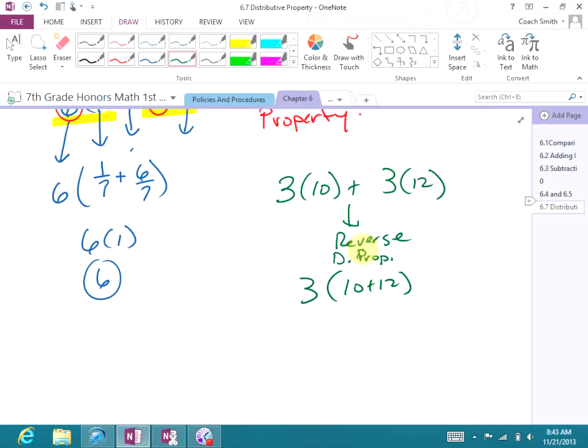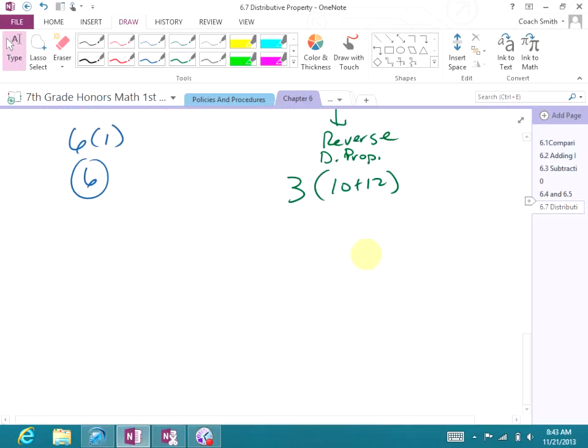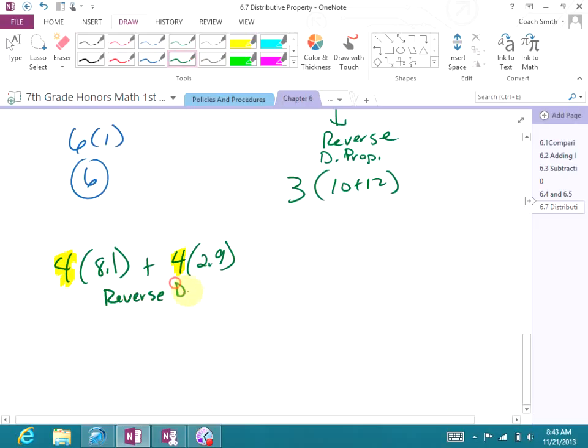Okay? Now, let's look at another way we can make this easier on us. All right, 4 times 8.1 plus 4 times 2.9. Now, for most of you, you'd probably have to do that on paper, but the easier way to do it is this. Our common factor in both of the terms is the 4. So once again, we're going to reverse the distributive property.